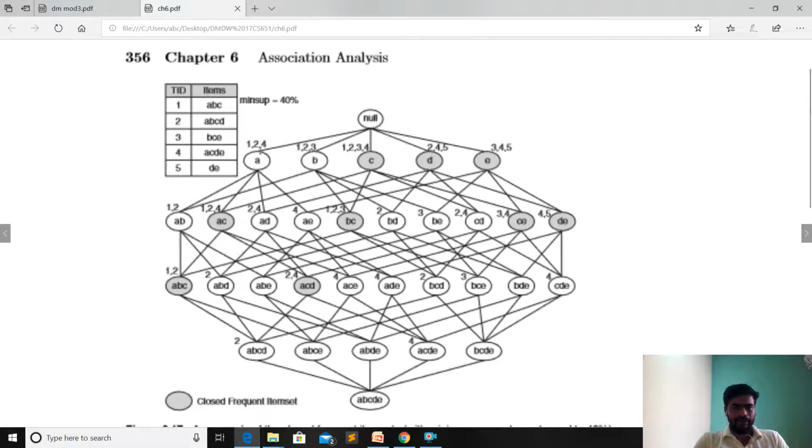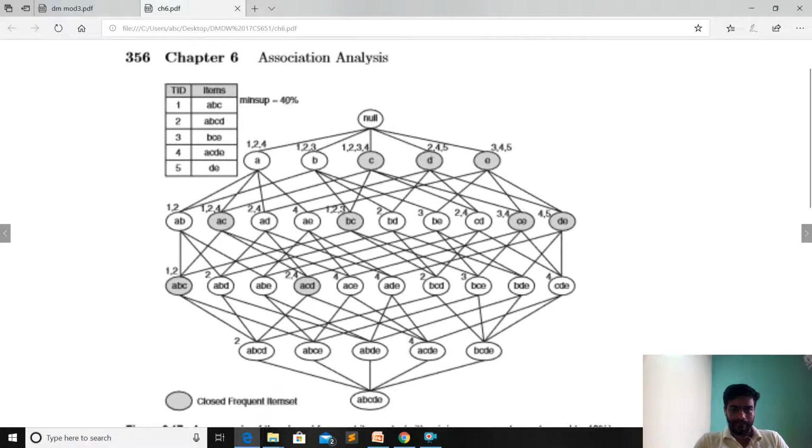Take first A. A has occurred in transactions 1, 2 and 4. Its immediate superset AB occurs in transactions 1 and 2. But AC has occurred in the same three transactions, 1, 2 and 4. For this reason, A cannot be a closed item set.